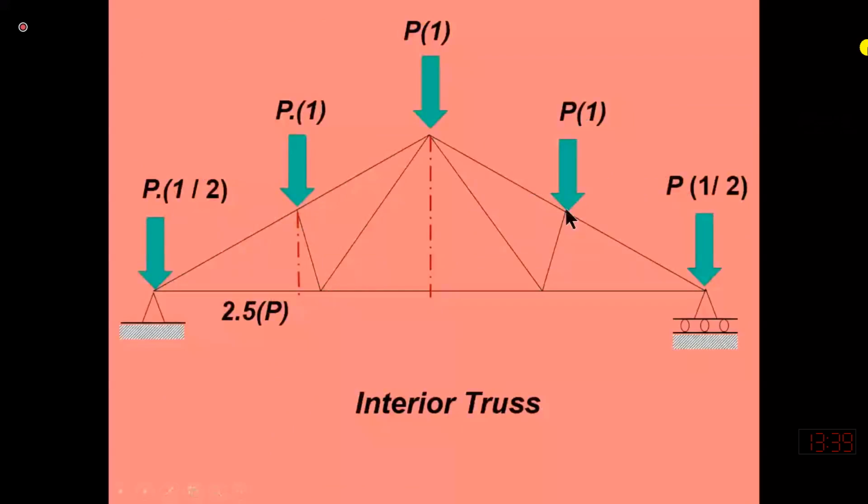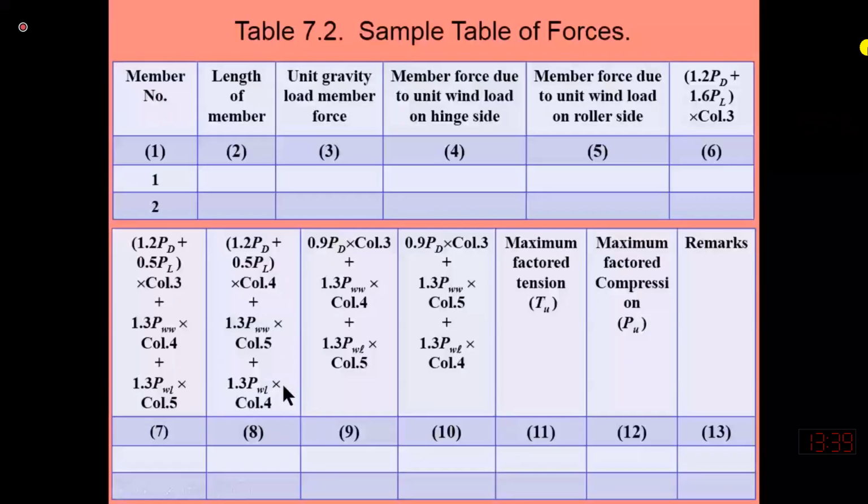You can give a number to each member, and then write down the length of each member in the second column. I have just shown you 2 rows. A complete table is given in Table 7.2. I will also show you a typical table for the calculation.